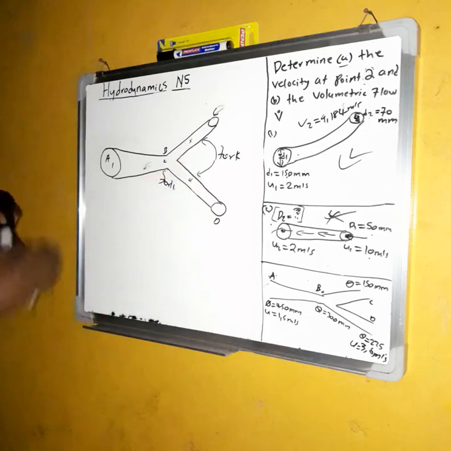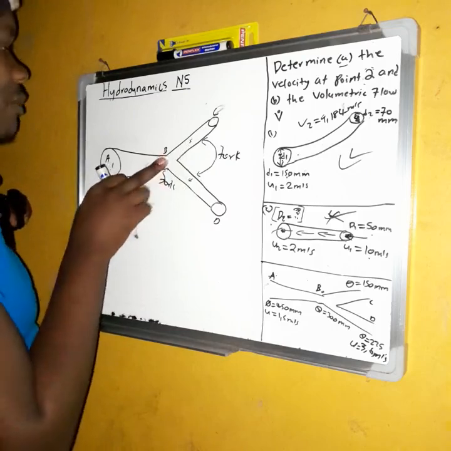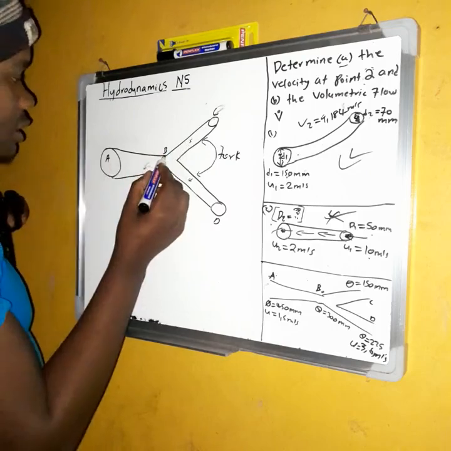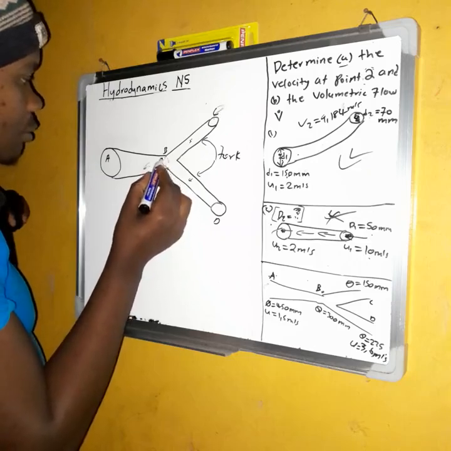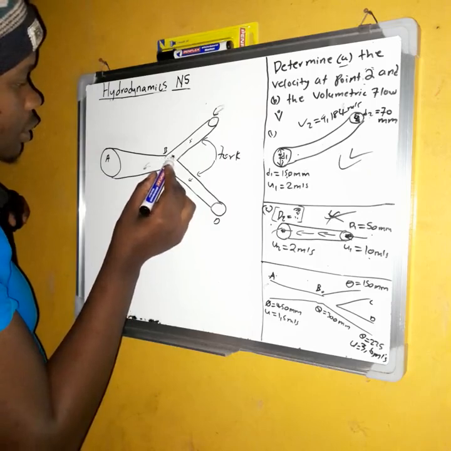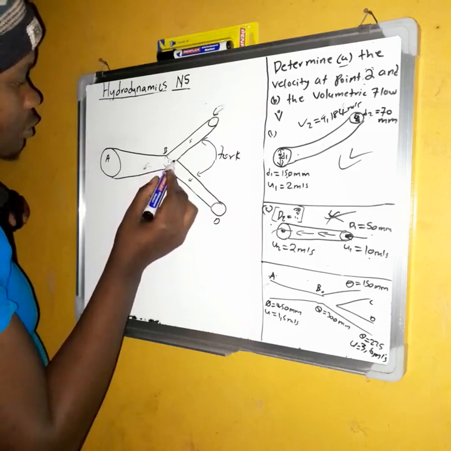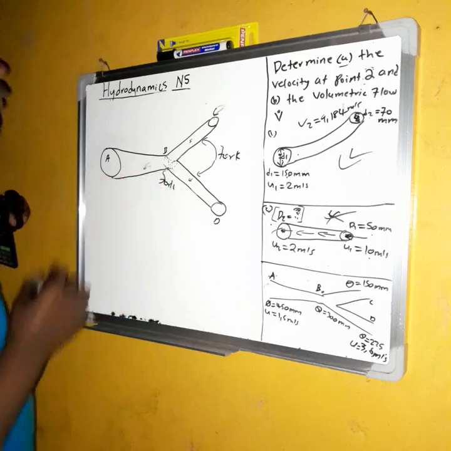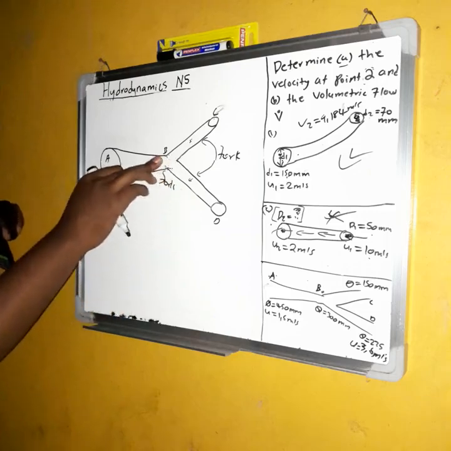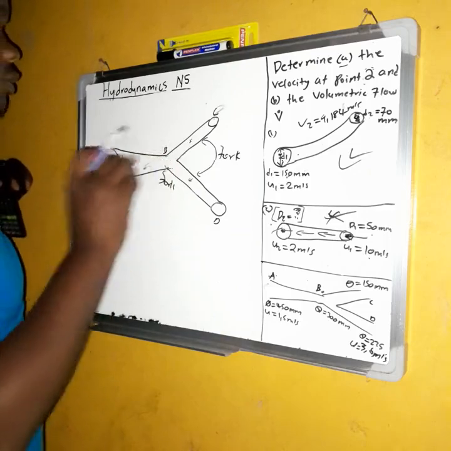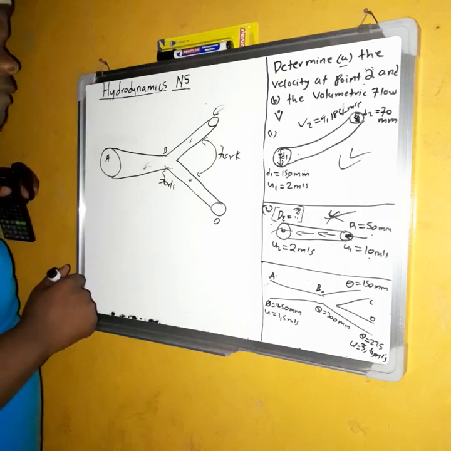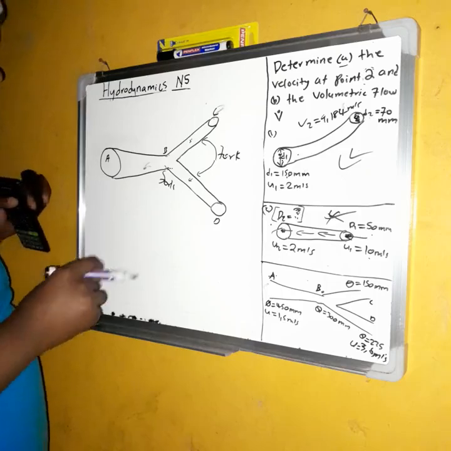It's pipe 1, but this is the diameter. This is a diameter here, remember. Also here there is a diameter, of this nature. There is a diameter there. So we have these diameters.